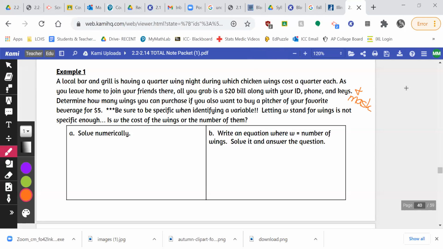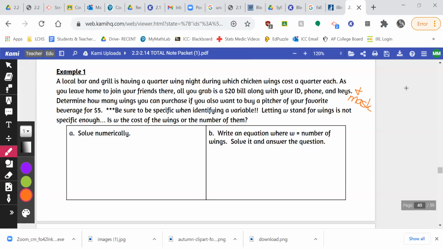Be sure to be specific when identifying a variable. Letting W stand for wings is not specific enough, because is it the cost of the wings? Is it how many total wings we have? We want to make sure that we are specific in saying exactly what about the wings.